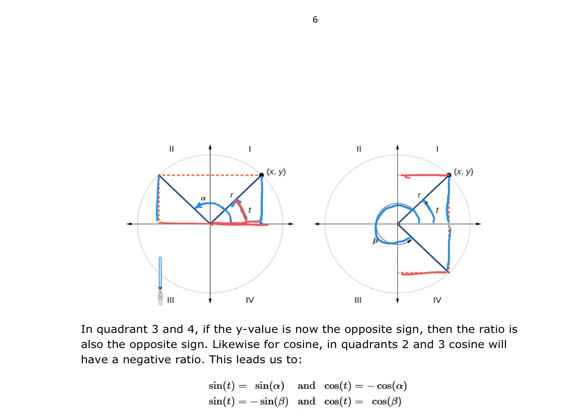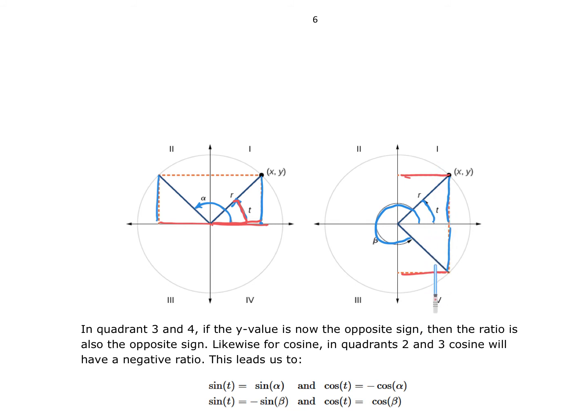Similarly, if I am in quadrants 3 and 4, where the y values are just opposite signs, then their sine values will just be negatives of the sine value in quadrant 1. Cosine in quadrants 1 and 4: if my terminal sides are in 1 and 4, and my x values are the same, and my radii are the same, then cosine will take on the same values for those angles.